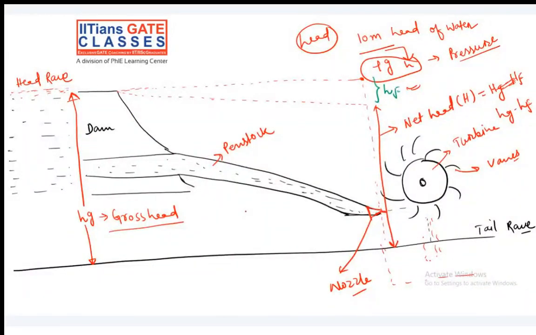Or we can say that this nozzle is at tail race level. Nothing to be worried about; if any confusion arises, we'll talk.